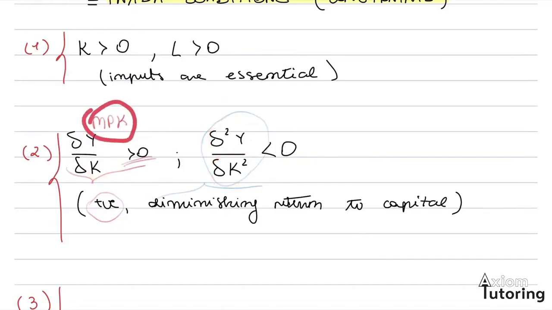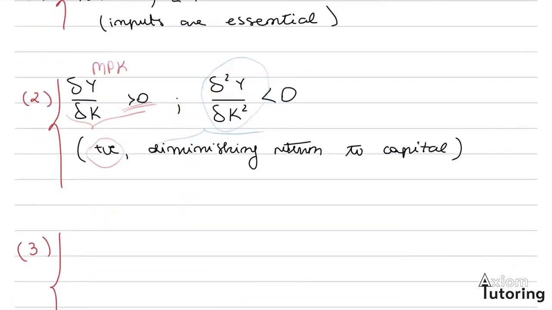So we are taking the partial derivative of the MPK with respect to capital, and this needs to be less than 0, meaning that as we add more capital, output is growing, but at a decreasing rate. Each additional unit of capital makes output increase less than the previous unit.